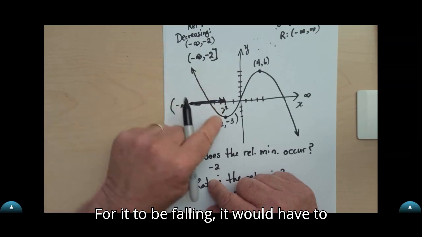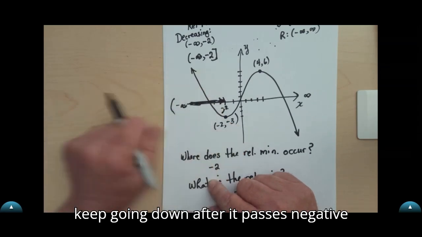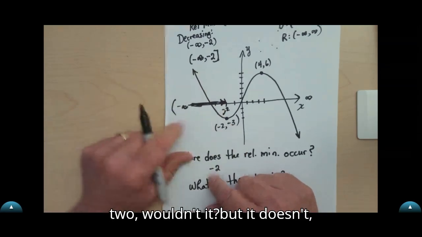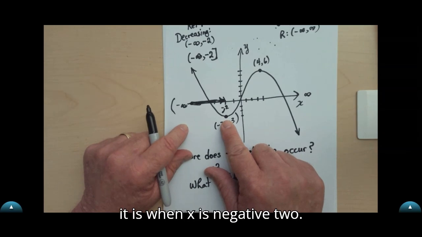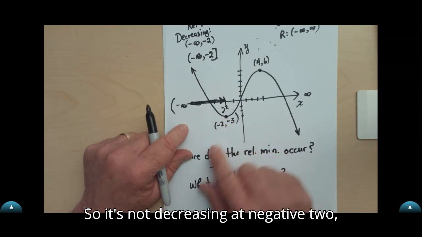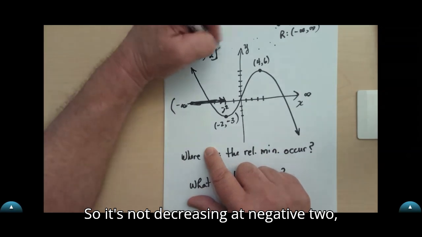For it to be falling, it would have to keep going down after it passes -2, wouldn't it? But it doesn't. It never goes any lower than it is when x is -2. So it's not decreasing at -2.